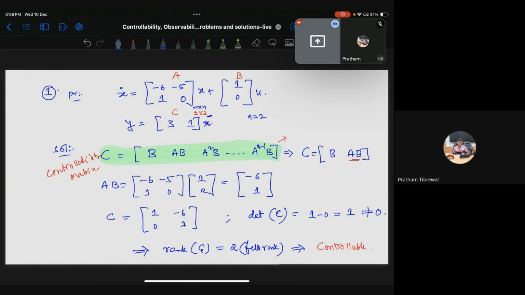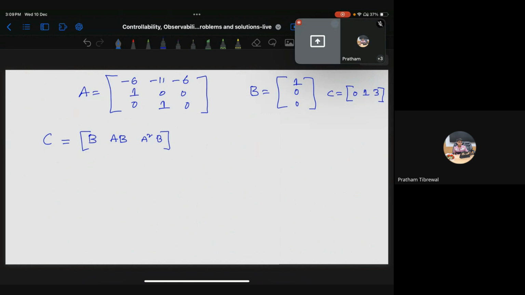Now in our problem it is 3 by 3, so that's why it is A square B. The general matrix is B, AB, and so on up to A power n minus 1 multiplied by B. Here n is equal to 3, because A is a 3 by 3 matrix. Hence C is B, AB, A square B. Is this clear?